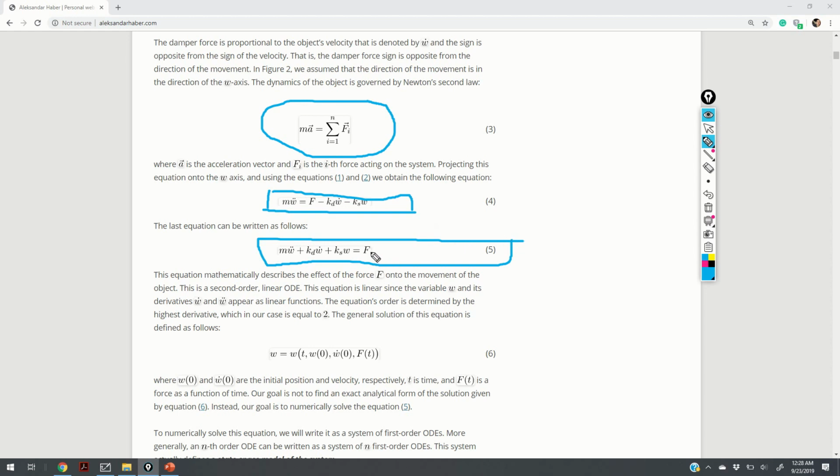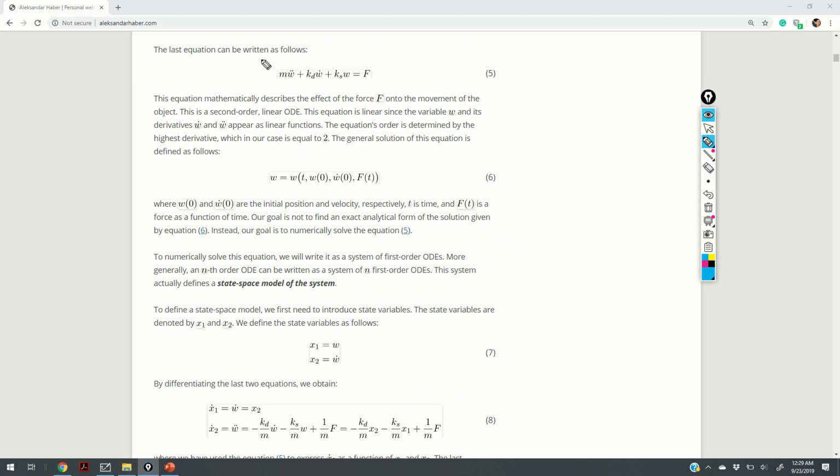The force F can be seen as an input, and the right hand side variable W and its derivatives are basically variables that are influenced by the force. Now, the next question is, what is the solution of the equation 5? So, the general form of the solution of the equation 5 is the equation 6.